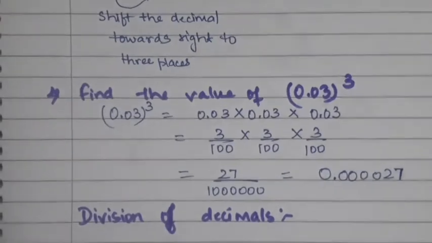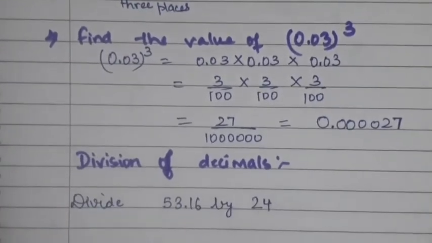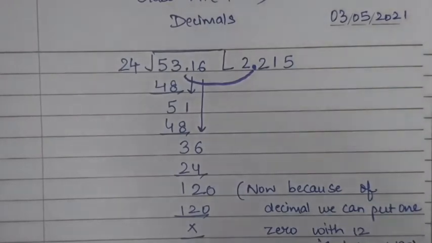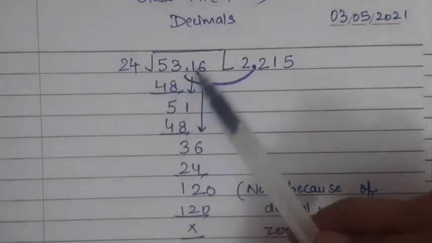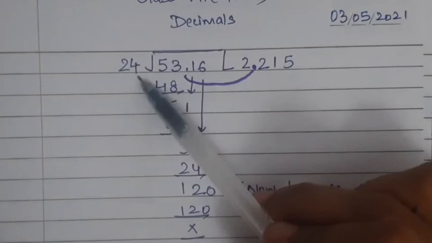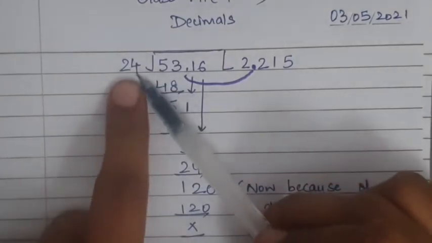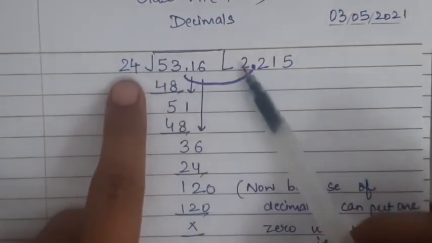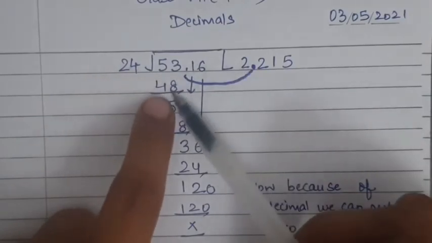Now children, let us discuss how can we do the division of decimal with the help of an example. Suppose we have to divide 53.16 by 24. So start from here. 24 into 2 is 48.